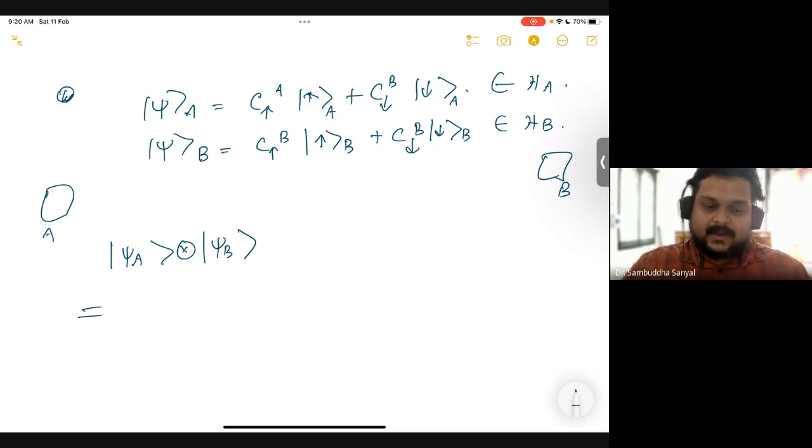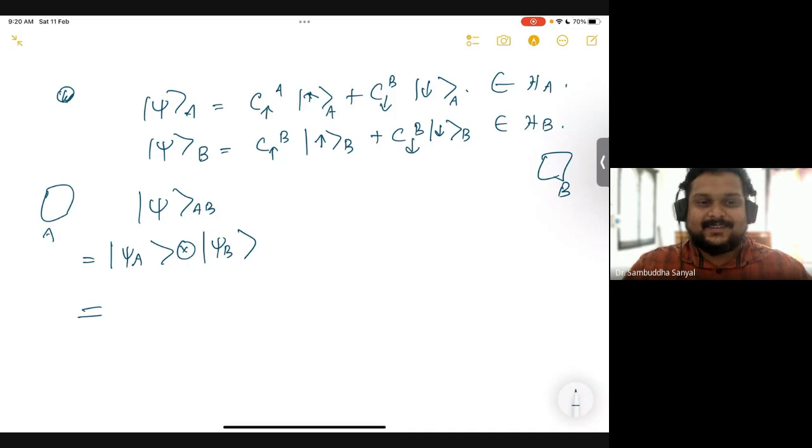Can somebody guide me through? How should I write this down? This is my psi AB. Psi AB is this. And what is this? Just write one more step. You understood nothing about composite vectors or any tensor product?